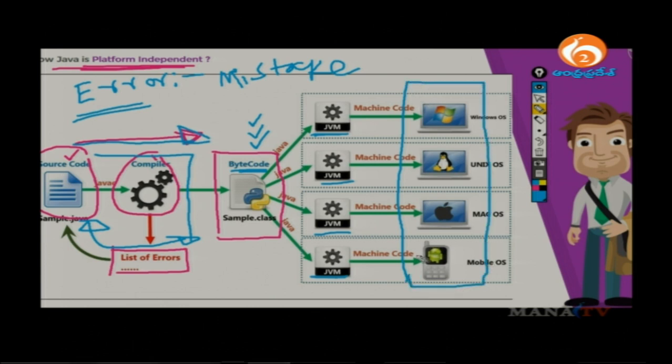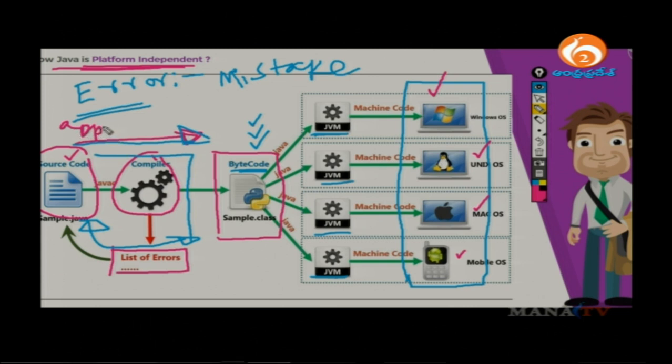Put it on any device or any machine; it doesn't matter about the platform. You can see the platforms I'm showing here: one is a Windows platform, one is a Unix platform, one is a Mac platform, one is a mobile platform. It doesn't matter which platform you use, the application you have developed will run. Imagine I have developed a website.